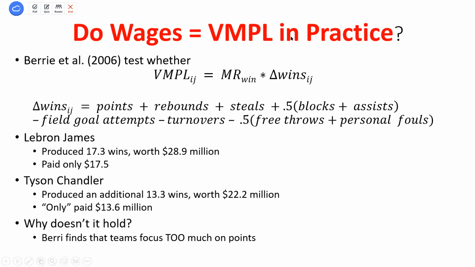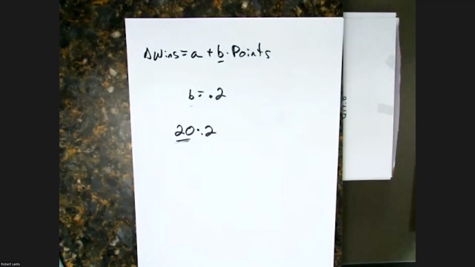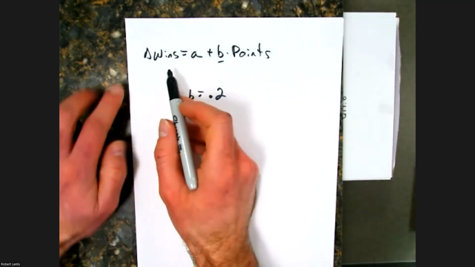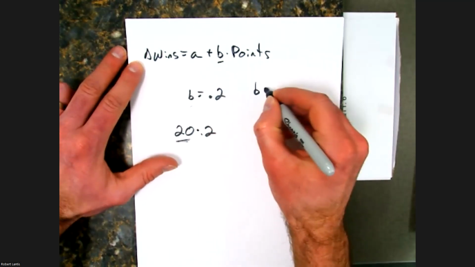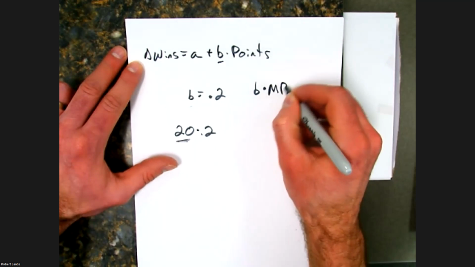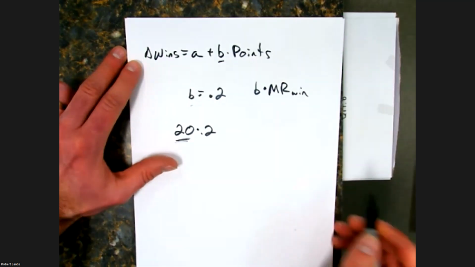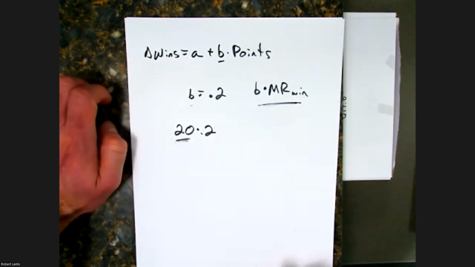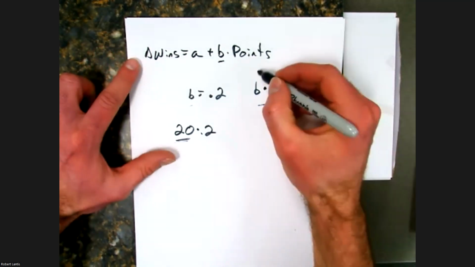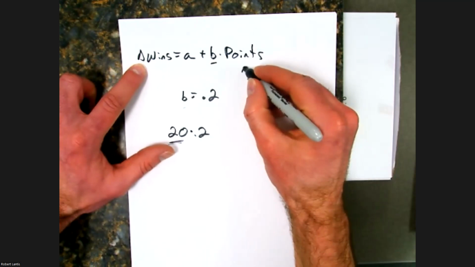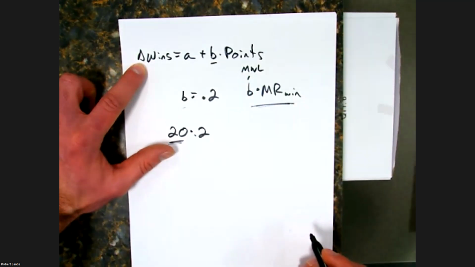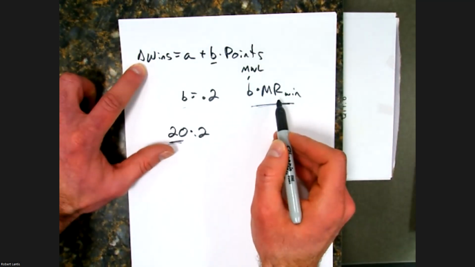So just to be clear here, if I was just using points, I would have the predicted number of additional wins, times the marginal revenue per win. That's how much I'm predicting they get paid. Because this is telling me the marginal wins coming from labor times the marginal revenue per win.